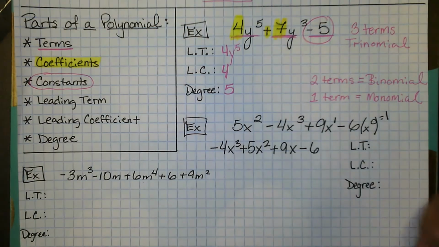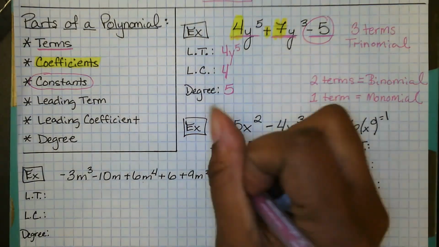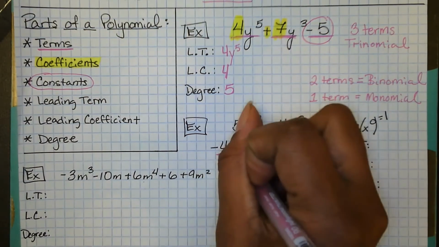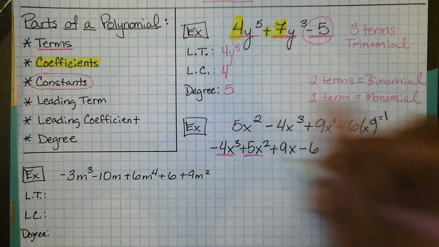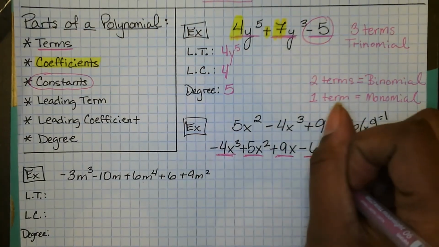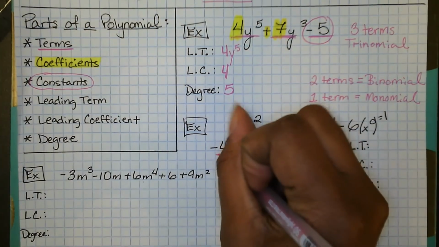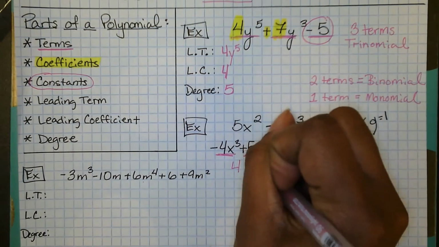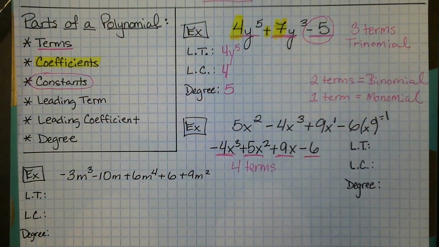Now we're going to identify the number of terms. We have 1, 2, 3, 4. We have 4 terms. So since this has more than 3 terms, we'll just call it a polynomial. No special name for this one.